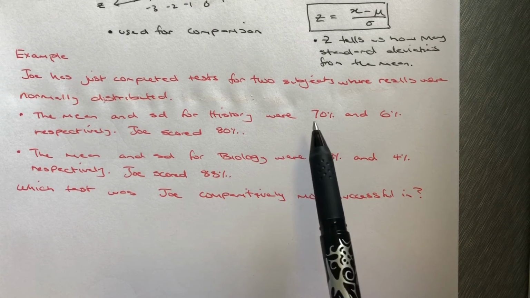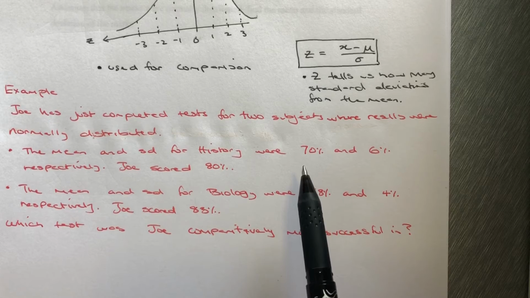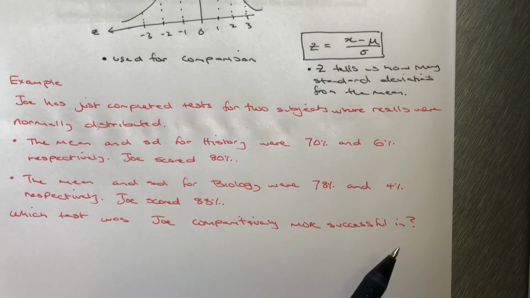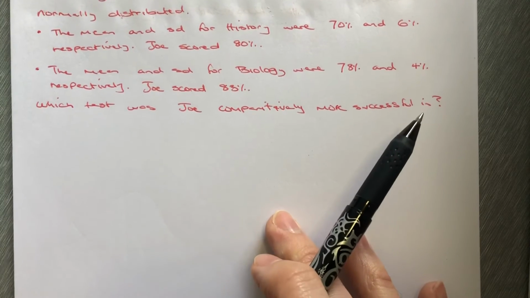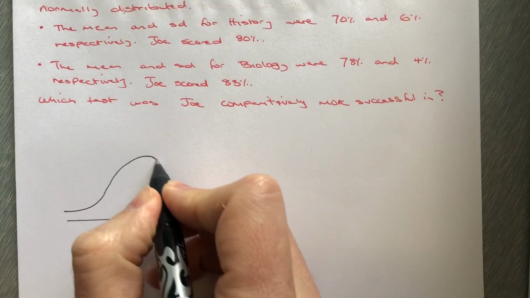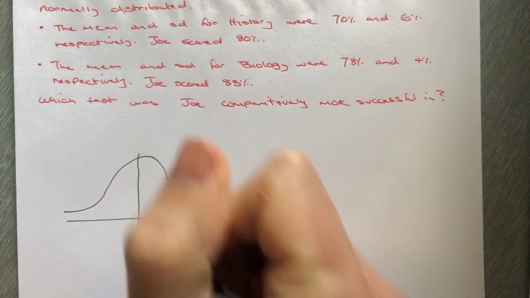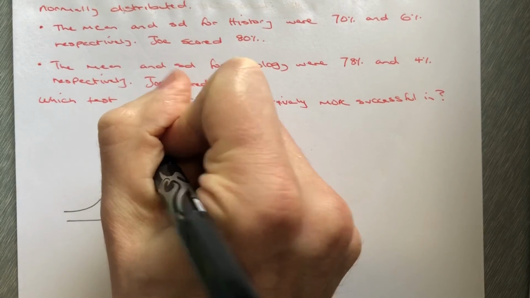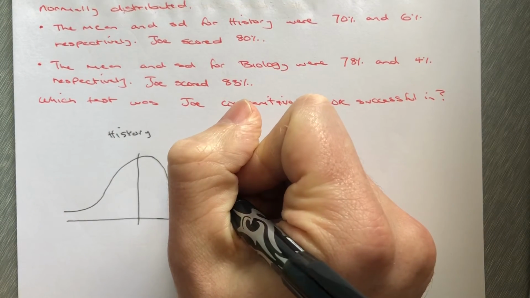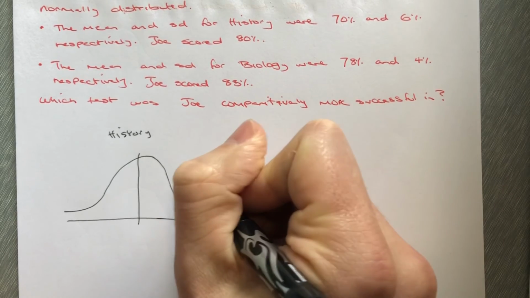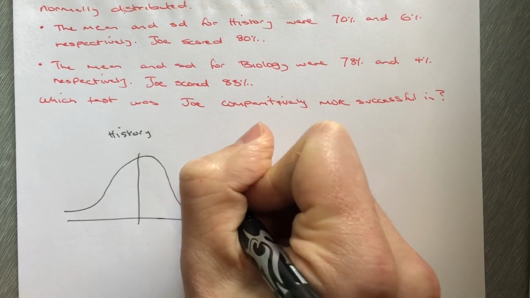I will use this formula, but I'm just going to draw it first just so we can see, because it's always a good idea to draw it. Here we go. So this is history. We were told that the mean was 70 and the standard deviation was 6.